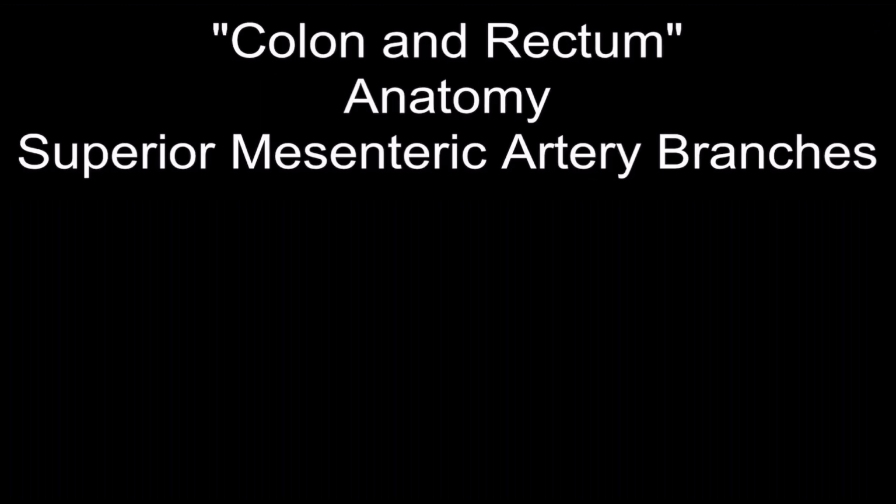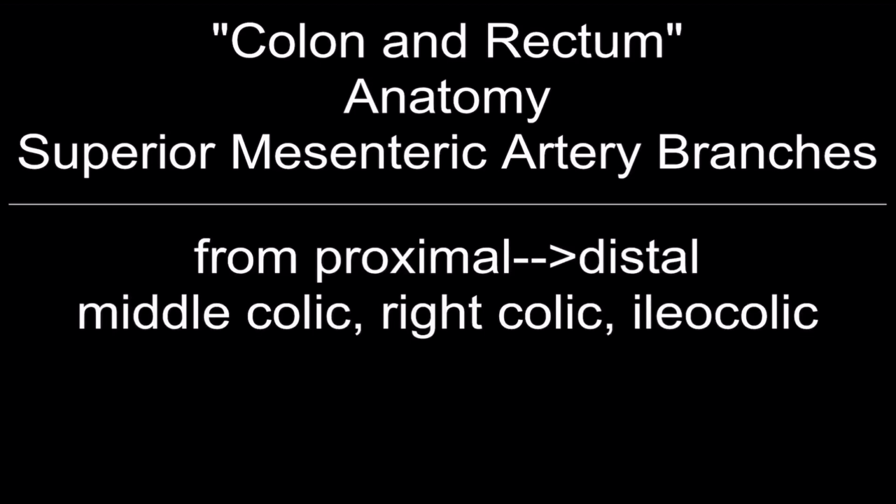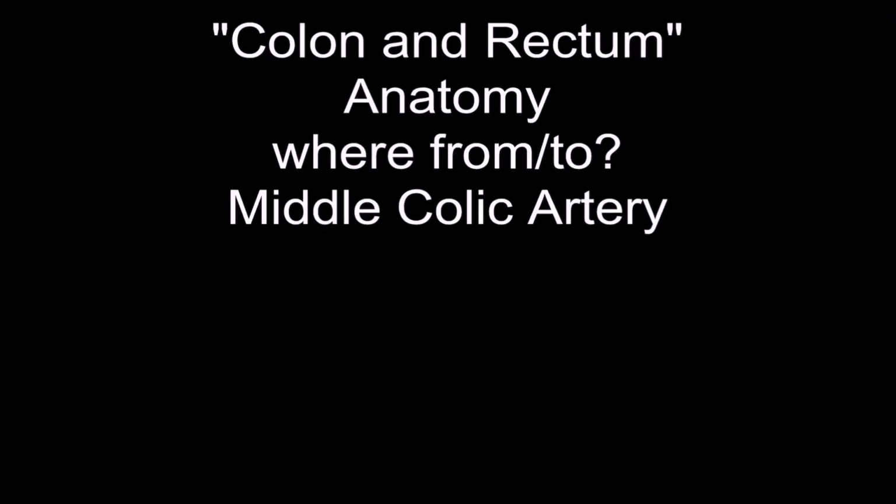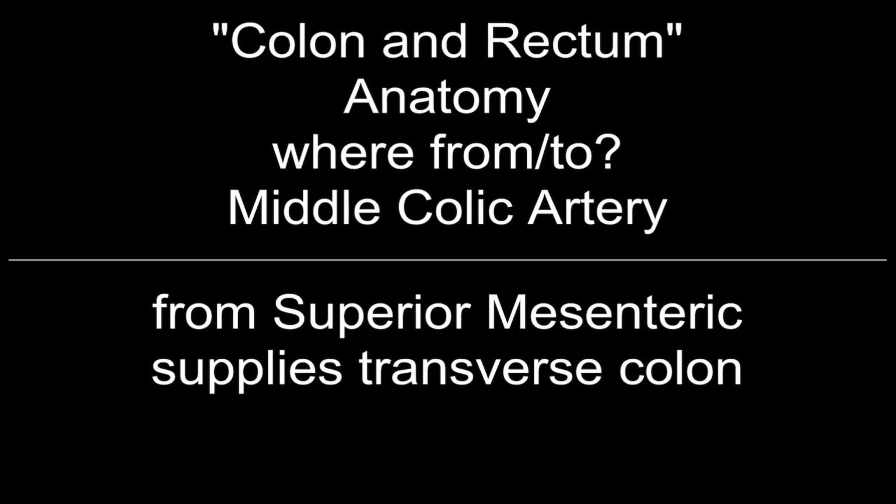Superior mesenteric artery branches, from proximal to distal: middle colic, right colic, and ileocolic. Where is the middle colic artery coming from and going to? It comes from the superior mesenteric artery and supplies the transverse colon.